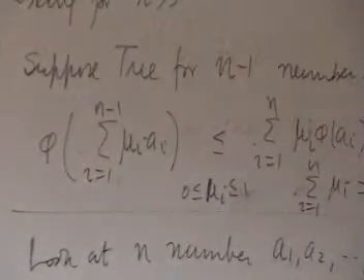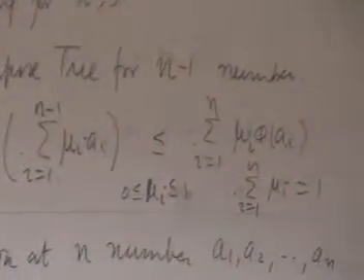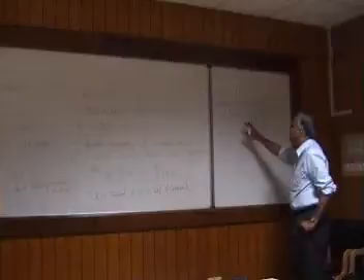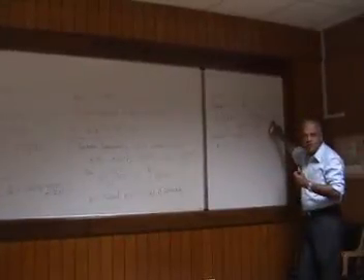So let's take mu i instead of lambda i there, because I want to use lambda i here. Whenever you have such a combination, it is called a convex combination. Whenever you have a convex combination of n minus 1 numbers, this inequality is satisfied. So you can generalize it further.